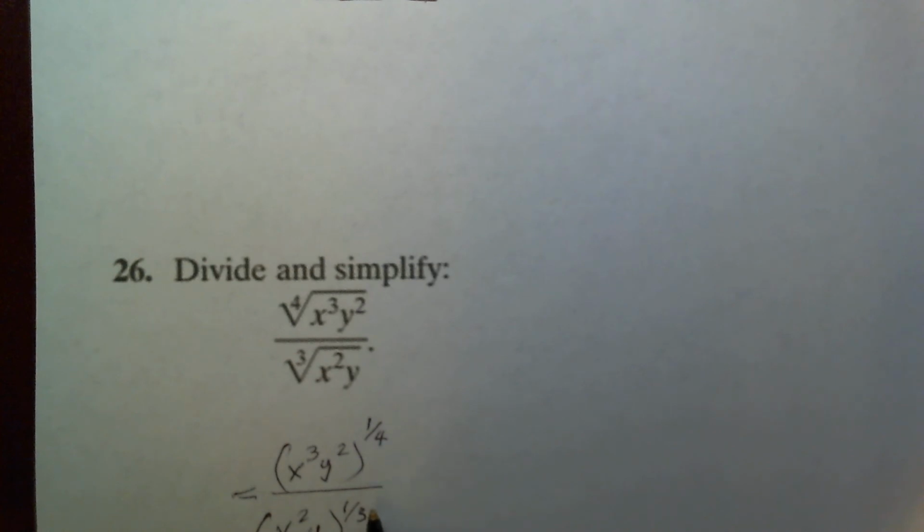So we want to make the denominators the same, so we need to multiply this by 3 divided by 3, so it would be 3/12, so it would be x to the third y squared to the 3/12 power. In the denominator we have x squared y, so here we need to multiply by 4 divided by 4 to get a 12 in the denominator, so 4/12.